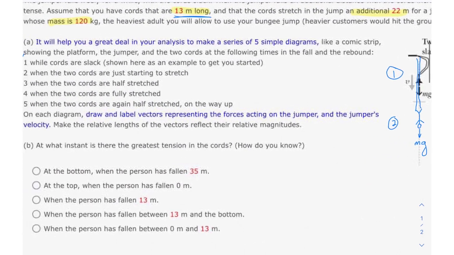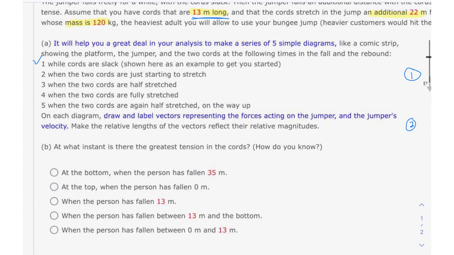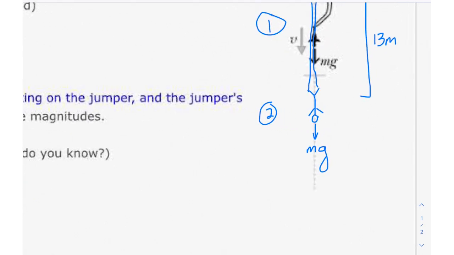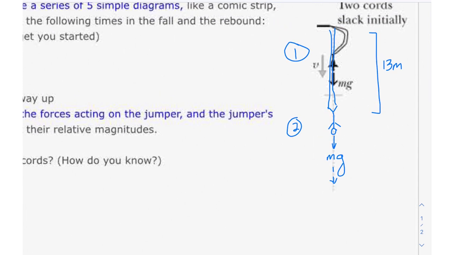Then when they are half stretched, for diagram 3, I'm going to use dots to show the stretch. Our jumper is still falling a little bit further, and it's the same scenario: your cord is stretched a little bit further, and you've still got your mg pulling down.